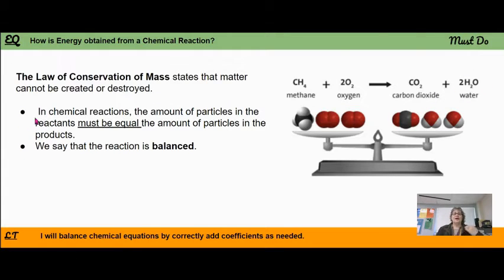In a chemical reaction, the amount of particles in the reactants, the ones on the left hand side, must equal the amount of particles in the products, the ones on the right hand side. When they're equal, we say that the reaction is balanced.